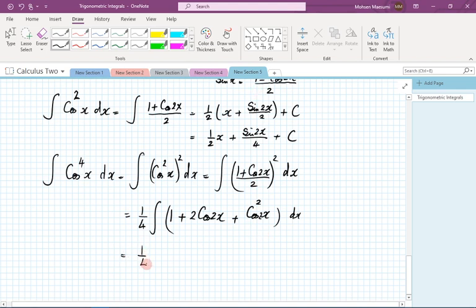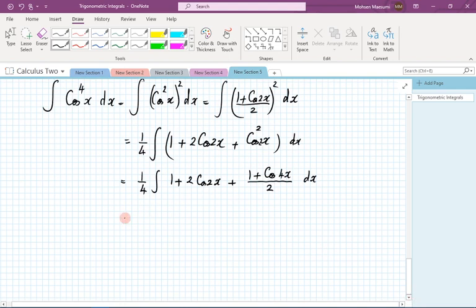This is 1/4 of the integral of the first one, 1 plus 2 cosine of 2x, that is easy for me. Let me write all of it in the same place first, and then we separate them later. 1 plus 2 cosine of 2x, and this is going to be 1 plus cosine of, now I have to double this angle, so it becomes 4x, divided by 2, dx.